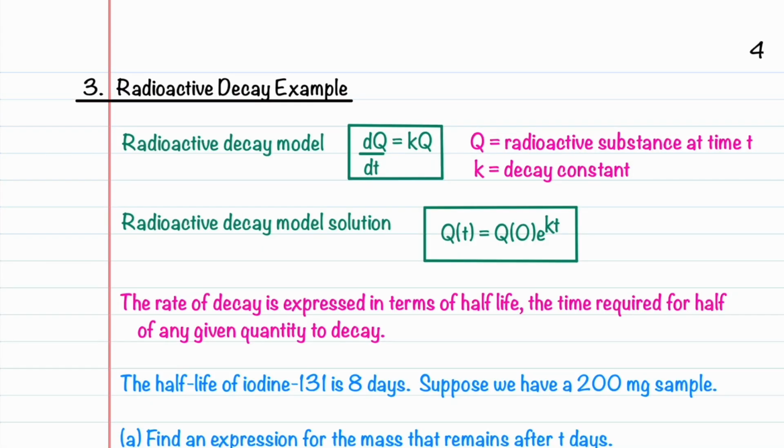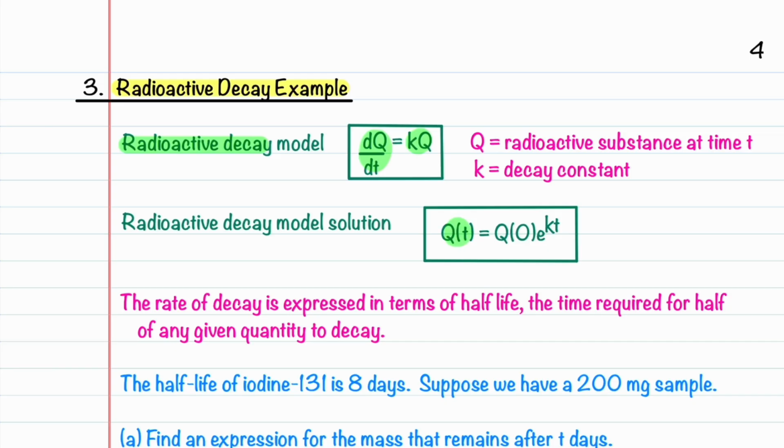We are going to look at an example involving the radioactive decay of iodine 131. With radioactive decay examples, the rate of change of a substance Q is proportional to its size.